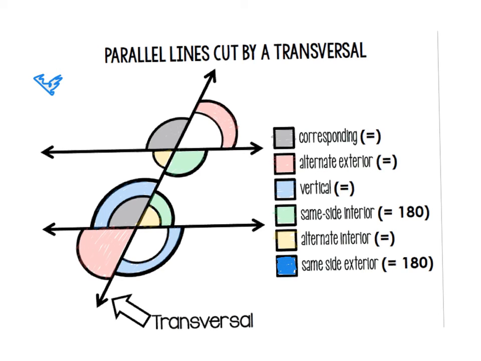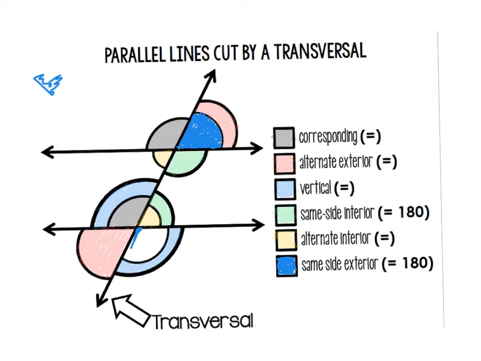Okay, same side exterior. So this is an exterior angle we have left. And it's same side, so on the same side of the transversal. This is to the right of the transversal, so I need another one to the right of the transversal. Exterior, so that would be this one.